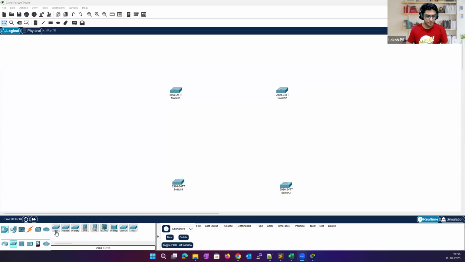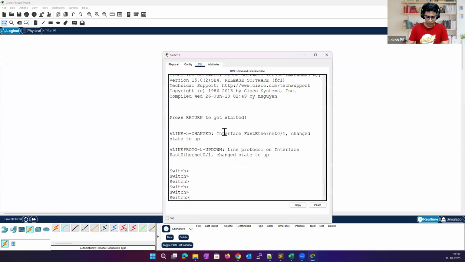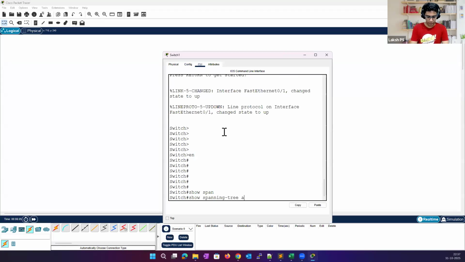Okay. So let me simply connect the first two switches together, switch one and switch two. So switch one is connected to switch two. Now, the moment I connect these two switches together, you will see that the spanning tree starts to run on them.